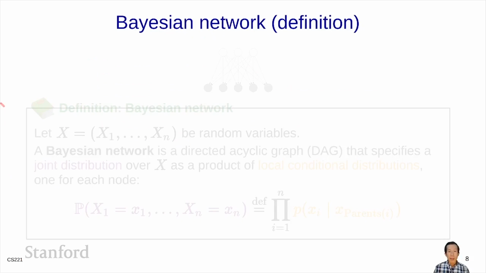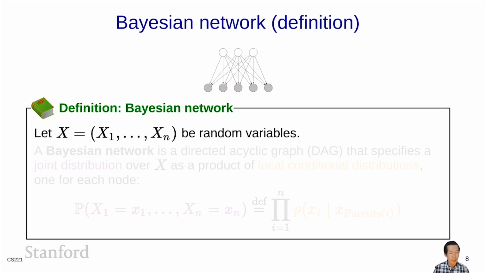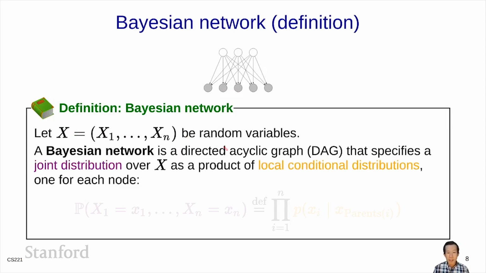So now let's define Bayesian networks formally. So a Bayesian network is specified by a set of random variables, generically x1 through xn, and it specifies a directed acyclic graph over these random variables. So that specifies the dependencies qualitatively.